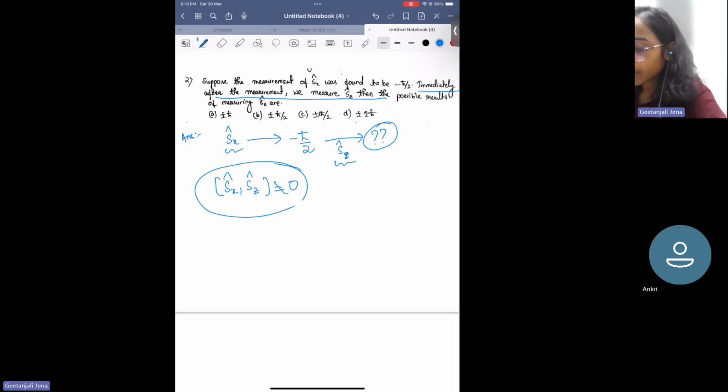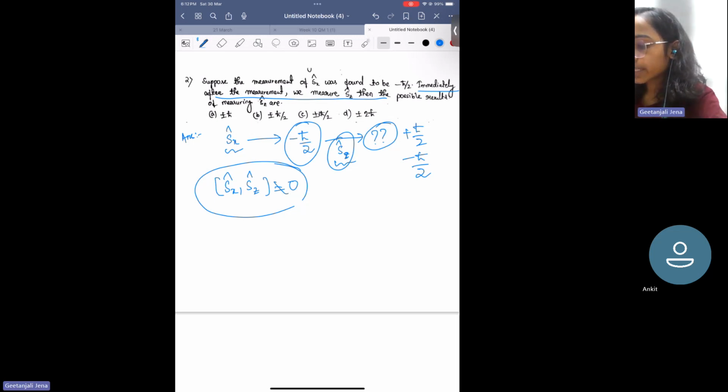So if you measure Sx and you get minus ħ/2, and after that you measure the z component, then you will get both plus ħ/2 and minus ħ/2, because they are not compatible. So you cannot express one in terms of the eigenvalues of the other.